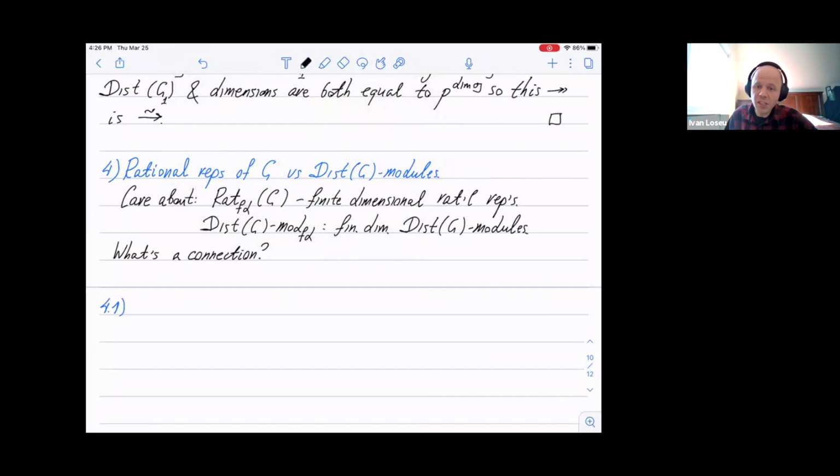We'll see that this connection is very close. In particular, when we are dealing with a semi-simple and simply connected group, these two categories are naturally the same.